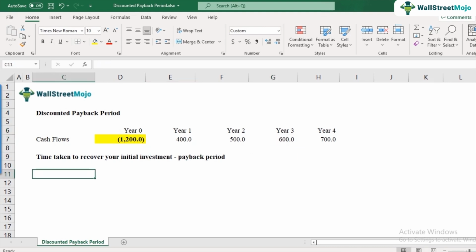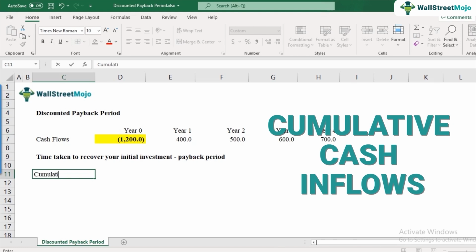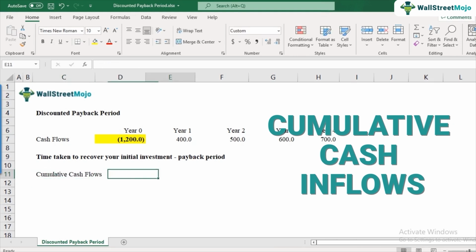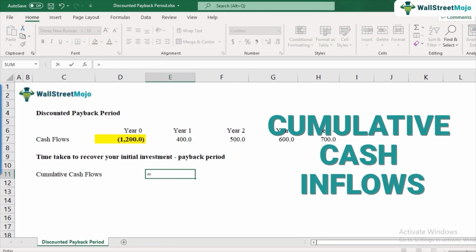So let's calculate this in a more methodical way, and then we will contrast it with the discounted payback period. The first thing that we will need here is an item called cumulative cash flows. What is the meaning of cumulative cash flows? We'll take it from the cash inflows point of view: in the first year, we recovered $400.